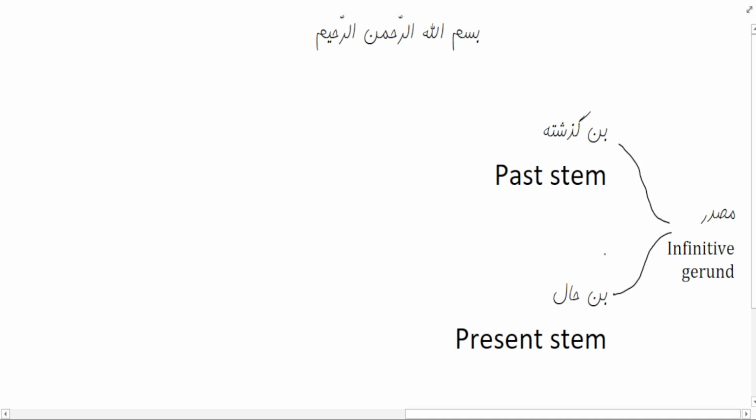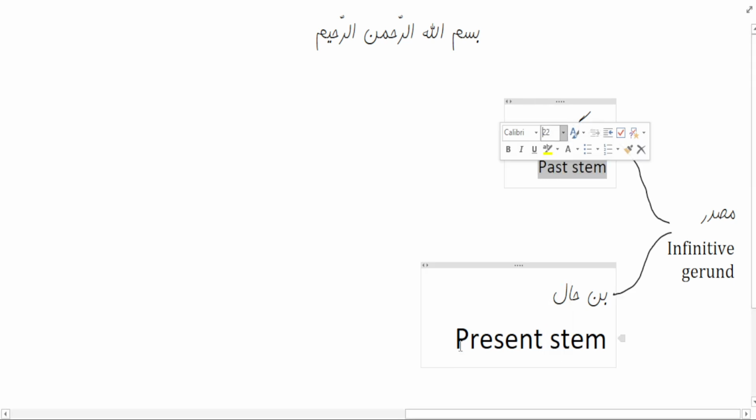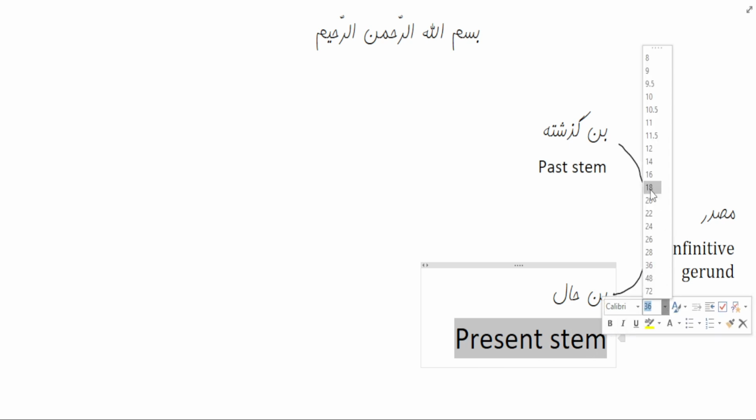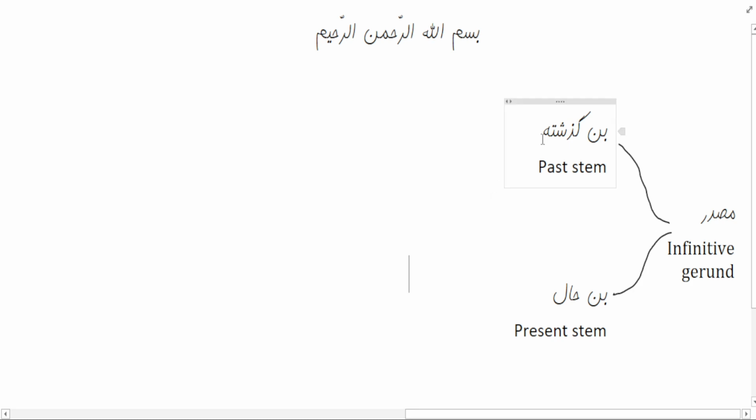Or in English, bone gozashte would be past stem, and bone hal would be present stem. Now let's move on and see how we can actually derive this bone gozashte and bone hal out of the infinitive or the gerund or mastar in Persian.